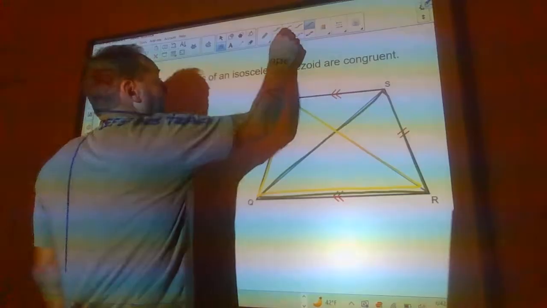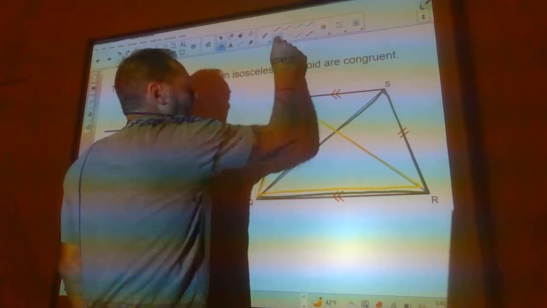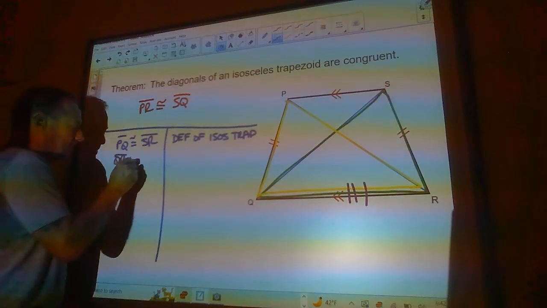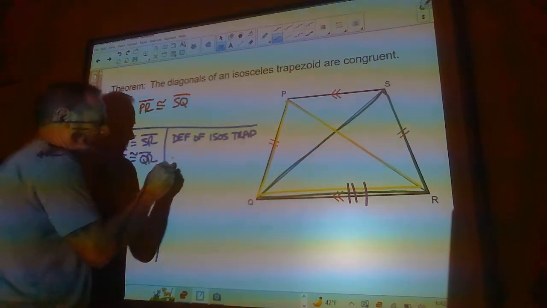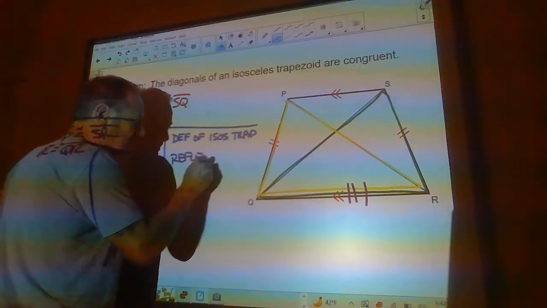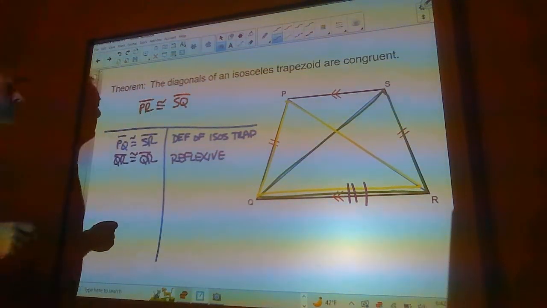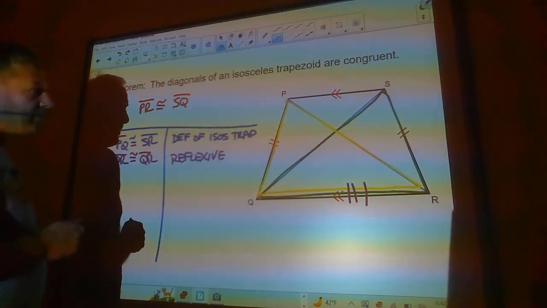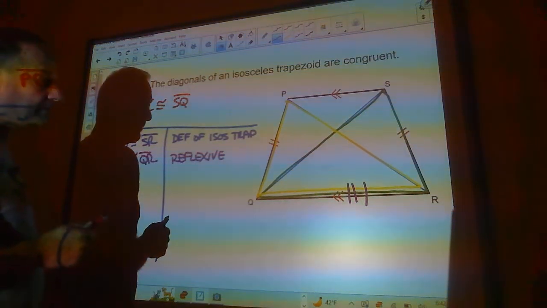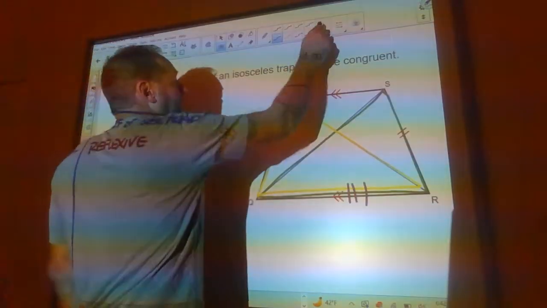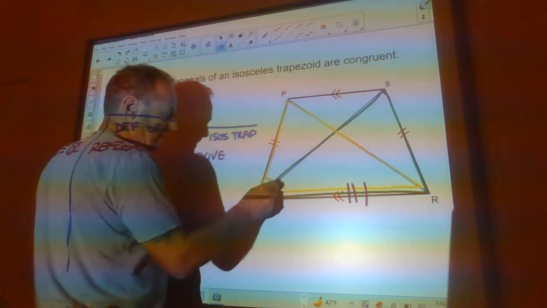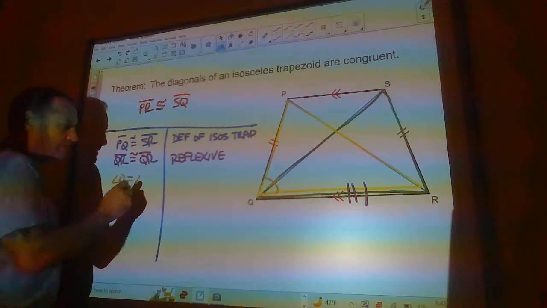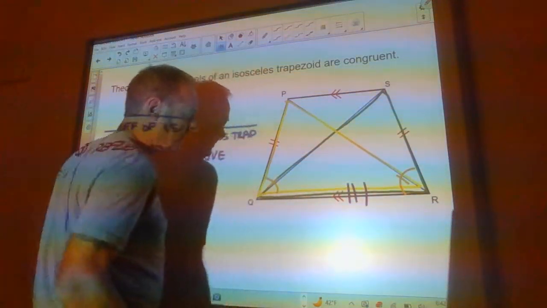We can say that QR is equal to itself. QR is congruent to QR by reflexive. We've already shown that the base angles of an isosceles trapezoid are congruent, so we can say that angle Q in the yellow triangle is equal to angle R of the green triangle.